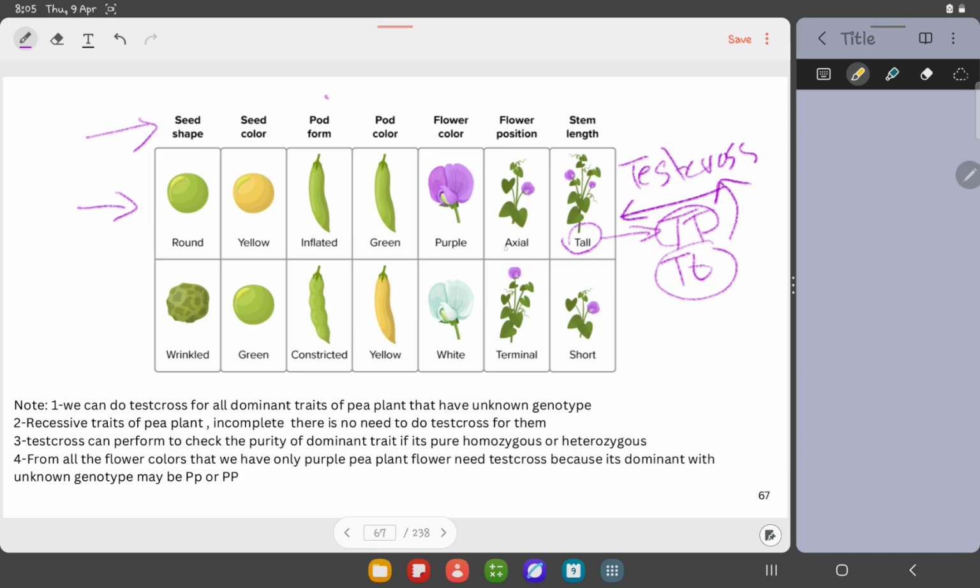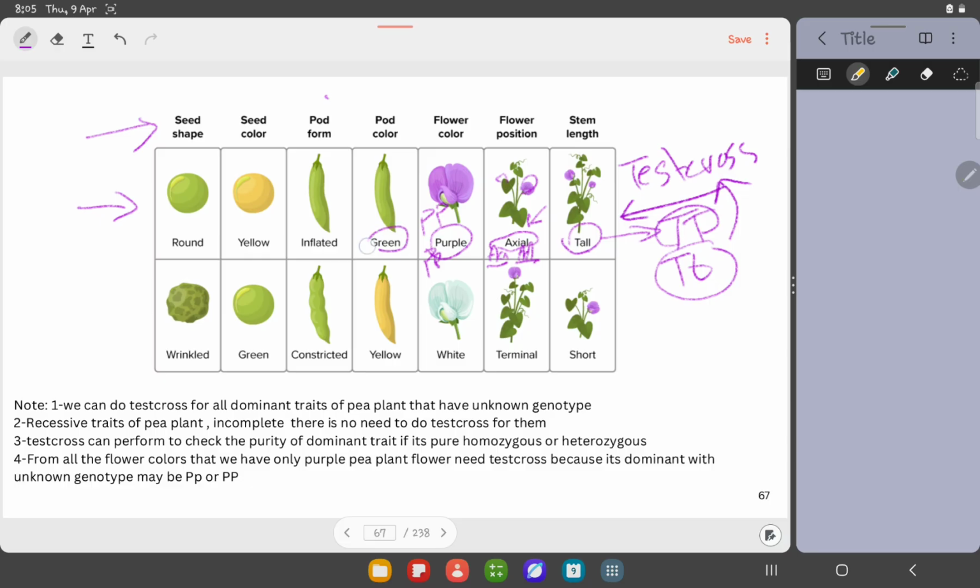The same for the axial flower position, it might be capital A capital A or capital A small a, hetero or homo. How can we check the purity of this dominant trait? By test cross. The same for purple flower, which might be capital P capital P or capital P small p.